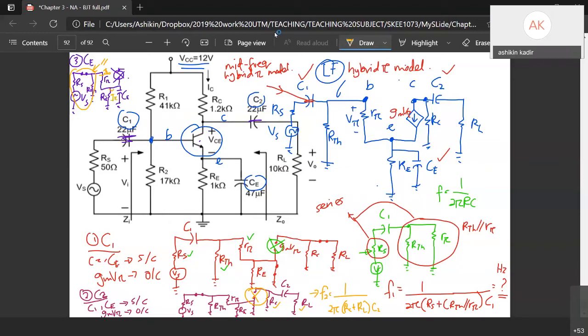IB is very small compared to IE. So you need to find the equivalent resistor, by using the same current, you need to define the exact resistance caused by the Rπ.